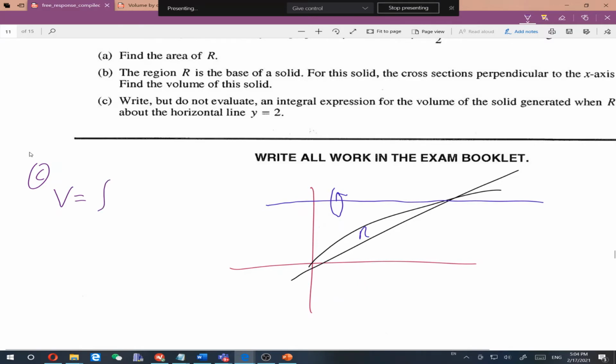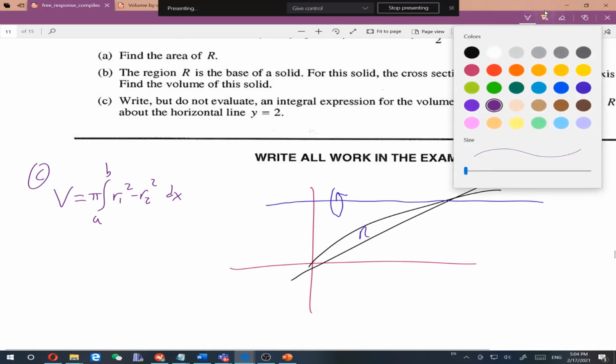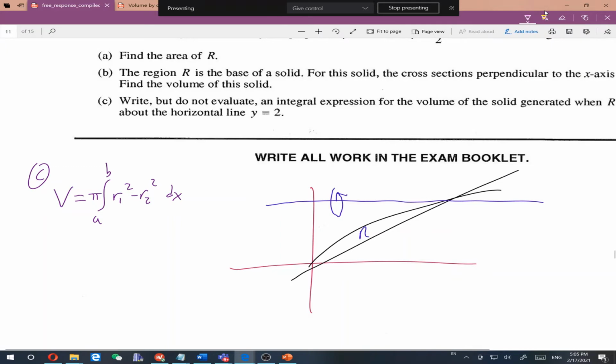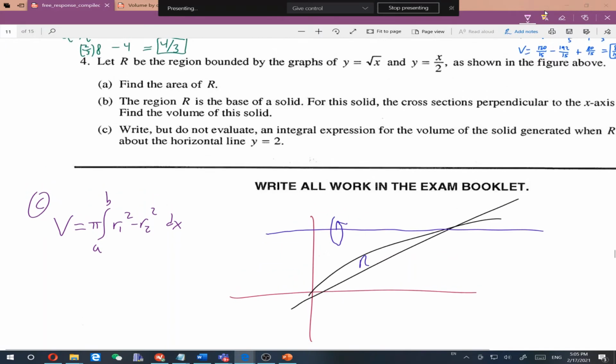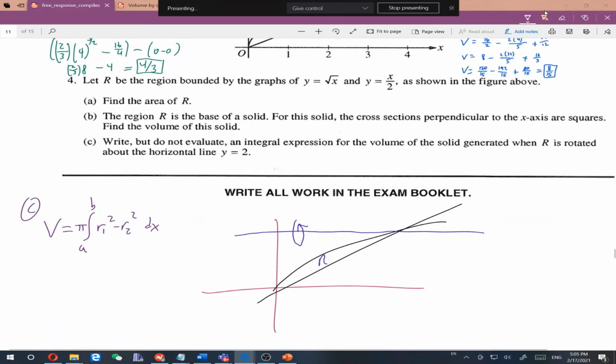Integral from a to b of R1 squared minus R2 squared, where R1 is the distance between the rotation axis and the function further away.